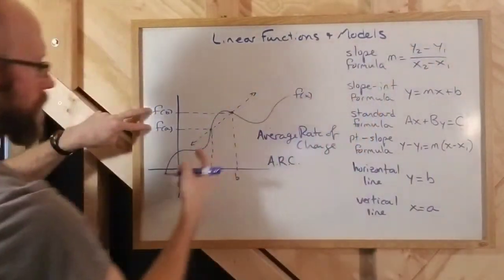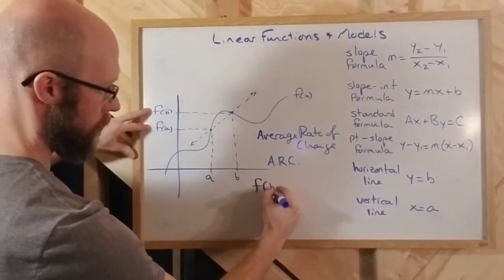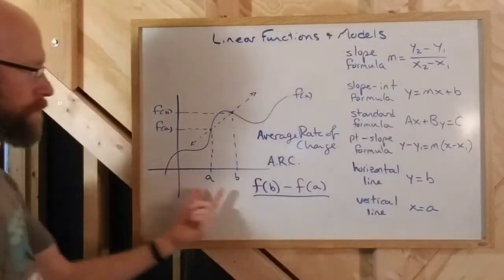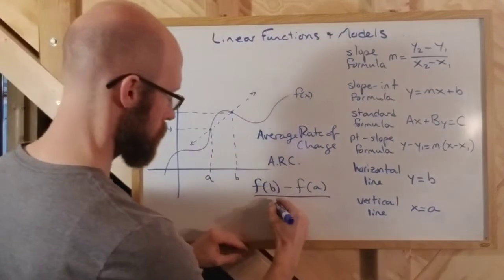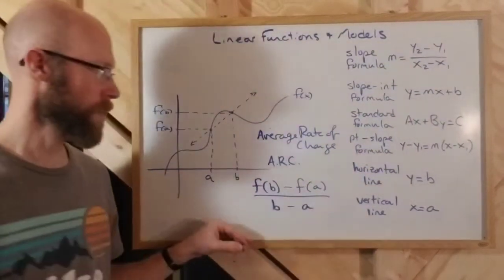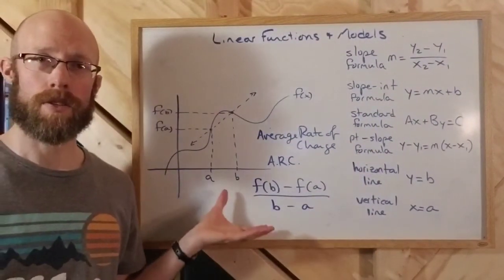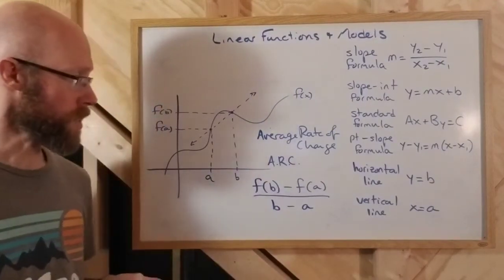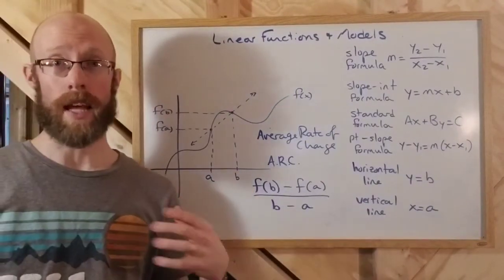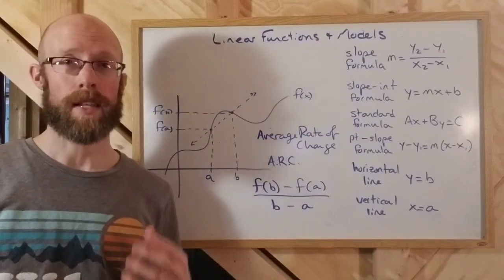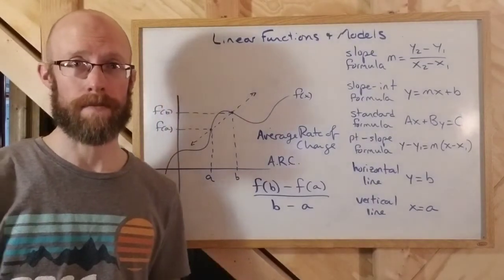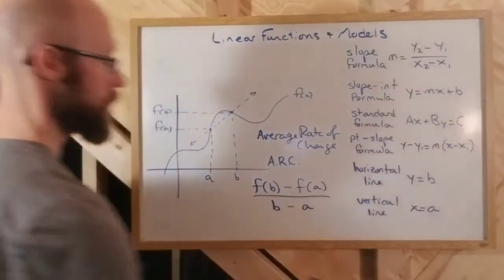So it's f of b minus f of a, over the difference in the x values, b minus a. This is your average rate of change for a general function. What's interesting is if the function is a line itself, then the average rate of change reduces to the slope of that line.